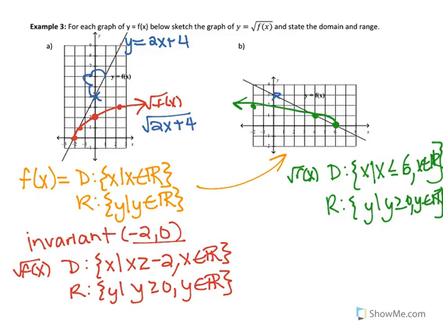It looks like it has an intercept of 3, and maybe goes down 1 over 2. So our equation for f of x is 1/2 x plus 3. So our equation for this green line right here is the square root of 1/2 x plus 3.